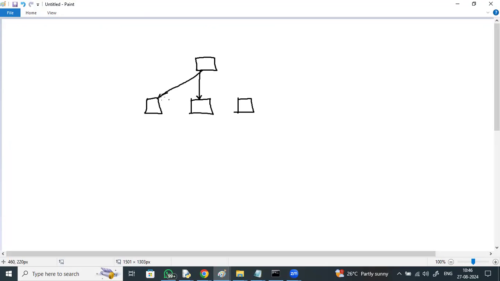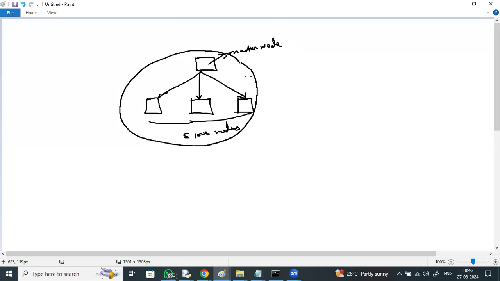Everything is connected in a network. This entire thing we call a cluster. Here I have taken a smaller cluster, but if you take a big cluster with hundreds of nodes, one will be the master and the remaining will all be slave nodes.